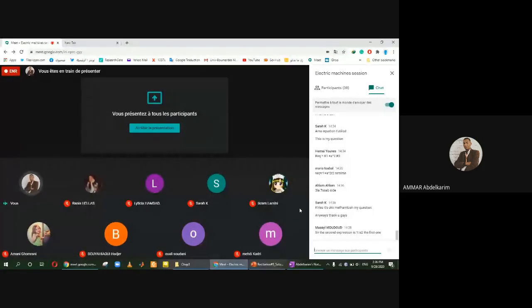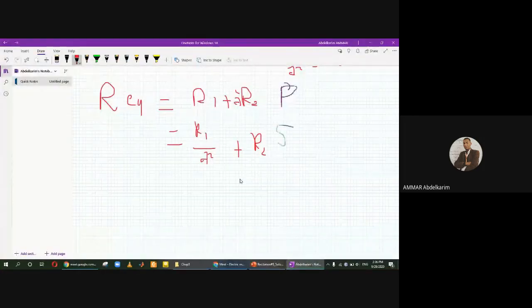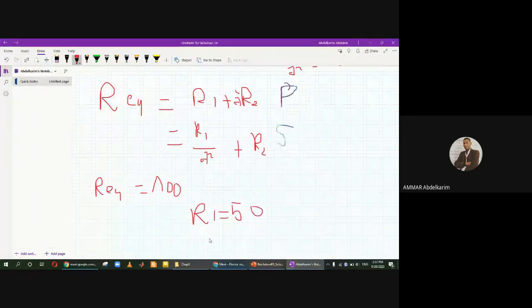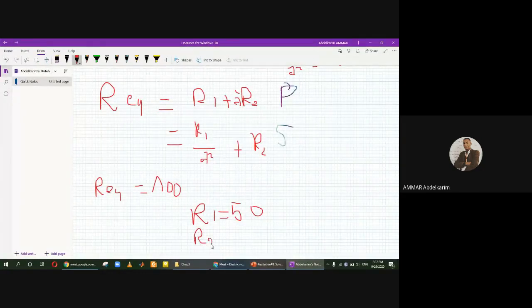Okay, let's continue. If we have R equivalent and I want to find R1 and R2, we have an approximate method. We divide R equivalent by 2. For example, let's consider R equivalent is 100. If we divide it by 2, for the first case, R1 is 50 and A square R2 is 50.